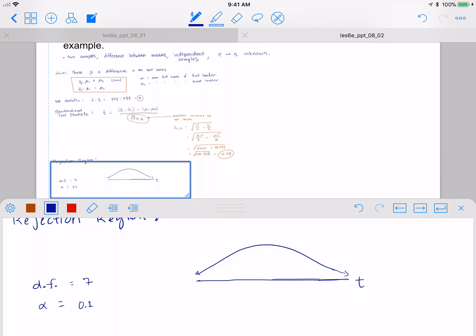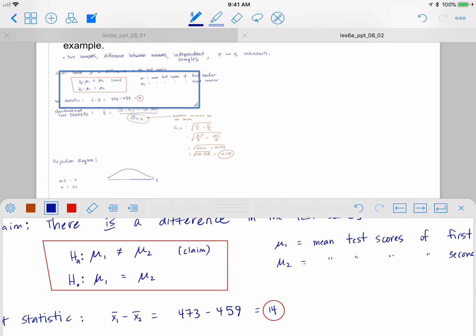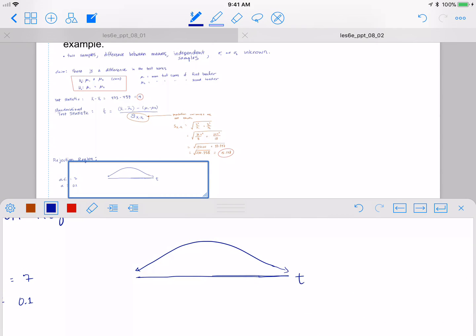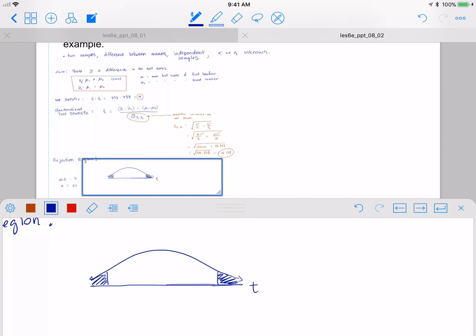Is it left-tailed, right-tailed, or two-tailed? We go back to our alternative hypothesis, and since it is mu1 is not equal to mu2, we are going to have a two-tailed test. So we've got two tails, and the area is 0.1, so the area in each tail needs to be 0.05, or half of 0.1.